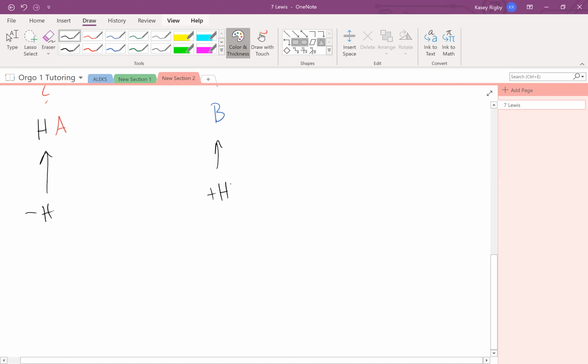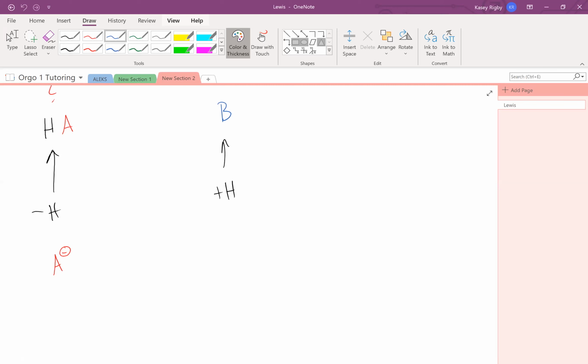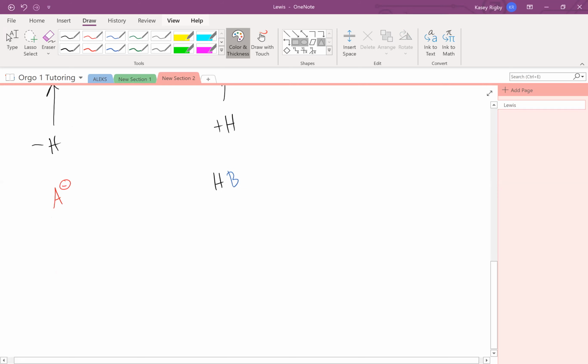So when we lose a hydrogen with the acid, we're left with a negative. And when we gain that hydrogen for a base, we either end up with HB plus or HB. I'm just going to make it HB for now because we're just going to focus on acids first.